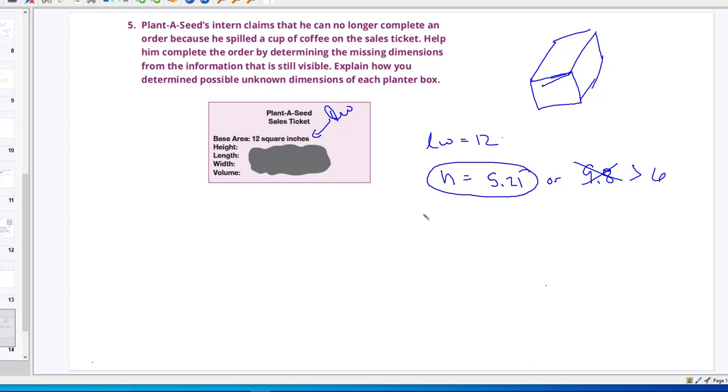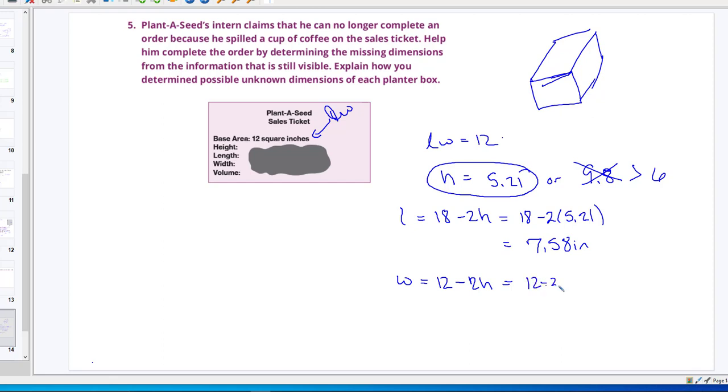Now to find our length. So remember length was 18 minus 2h. So in that case, it means 18 minus 2 times 5.21. And that means that we have a length of 7.58 inches. And our width is 12 minus 2h.